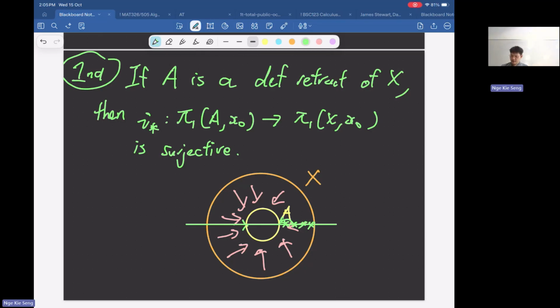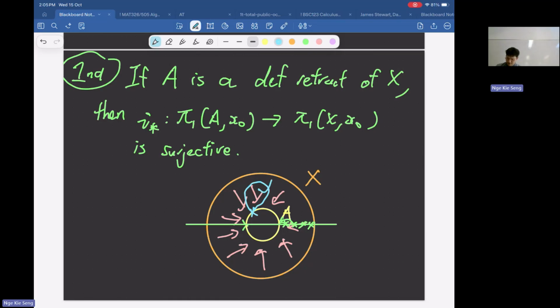So if you look at the loop in X under this deformation retract, what happened to this loop? As in the proof of this surjectivity, you apply your deformation retract to this point here, so you send it to A. So you could imagine that this loop actually looks like this.